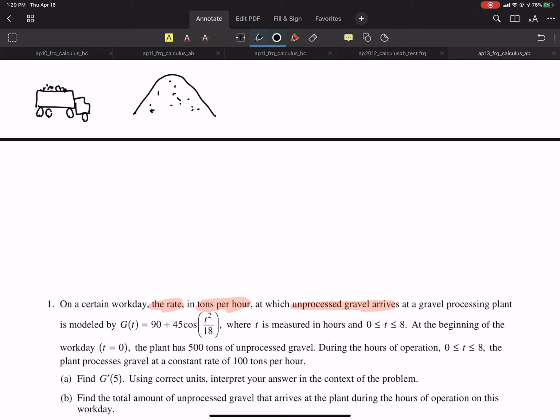And they tell you the rate at which it arrives is G of T. So I'm going to write that statement. G of T is the rate of arrival. It's tons per hour. And then, I'm going to do y1, let y1 equal that.